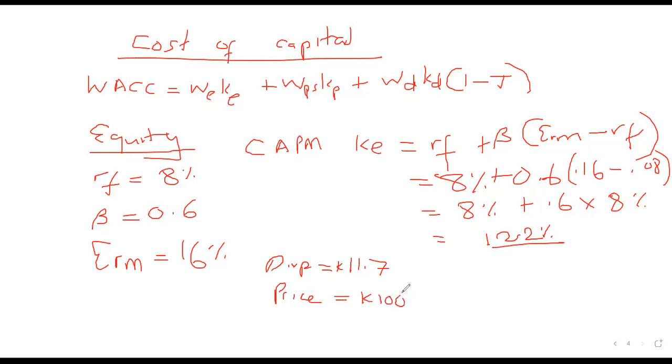So the cost of preferred stock is given by the dividend paid over the price of the preferred stock.